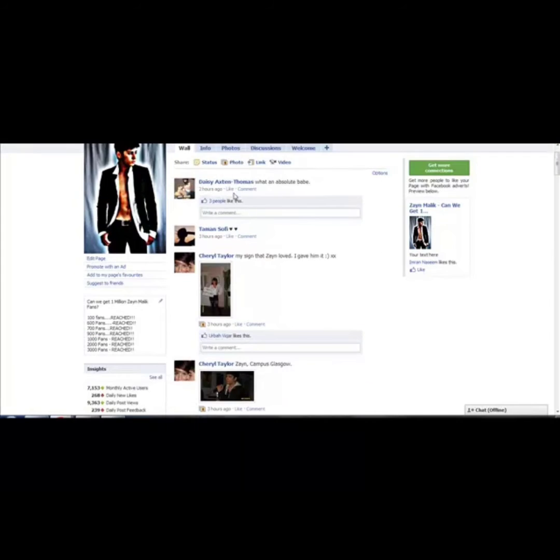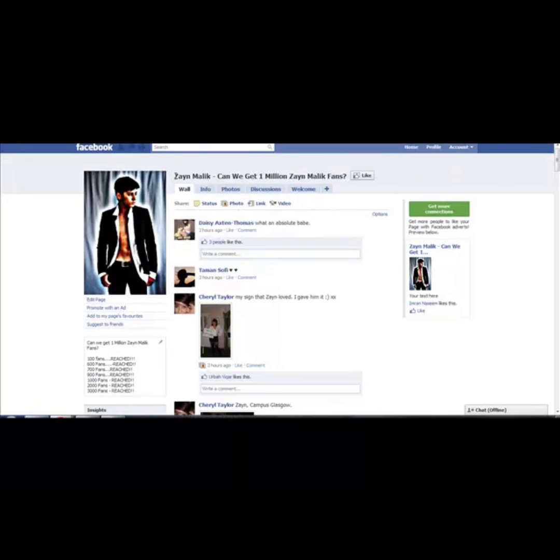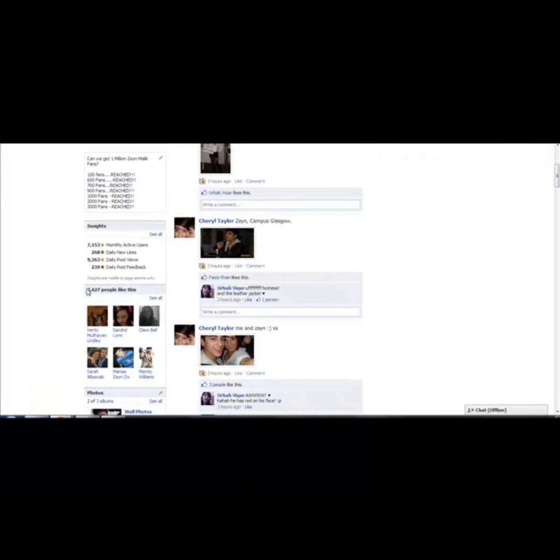The title of this fan page is Zayn Malik, can we get 1 million Zayn Malik fans? At the moment this has 3,427 fans, and it's averaging 268 likes a day.